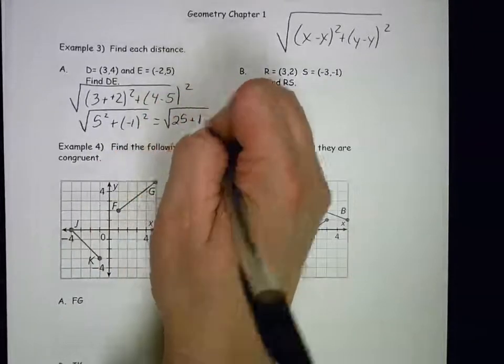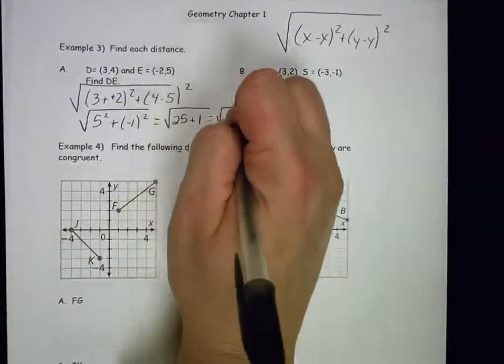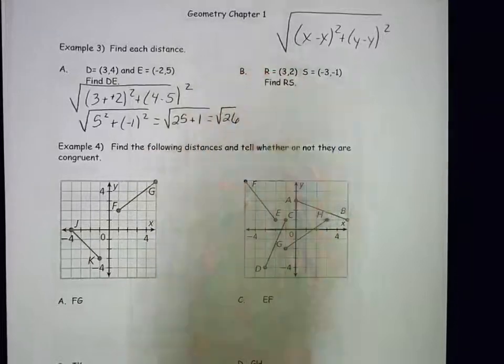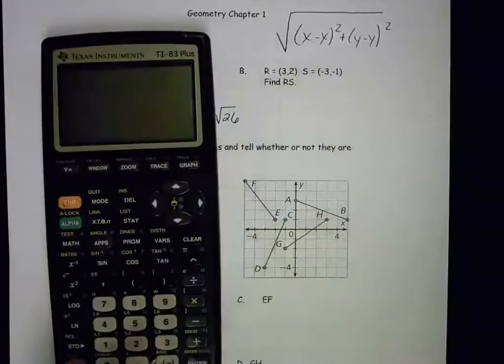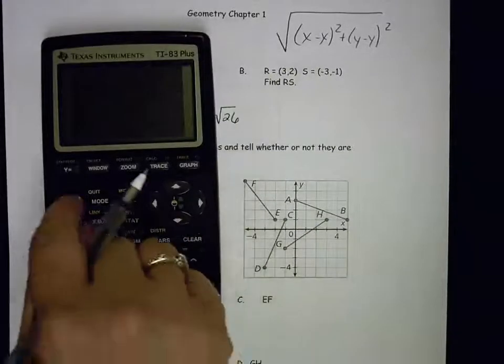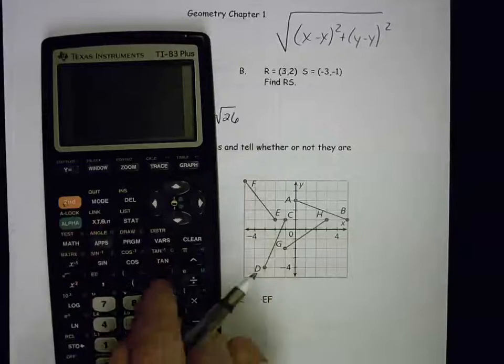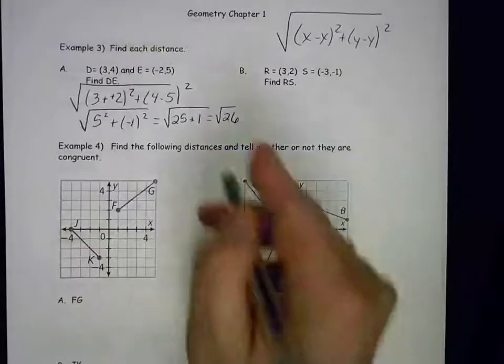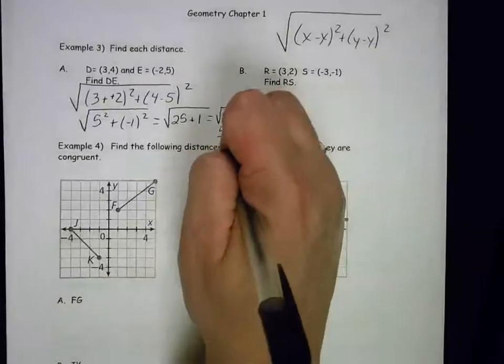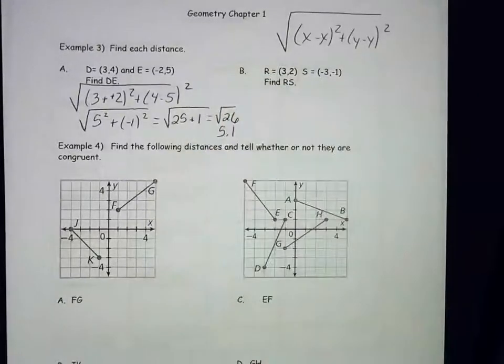Negative 1 squared is 1. So you end up with the square root of 26. And you can leave it that way, or you can do the square root if you would like to. On a graphing calculator, you do second square root and then 26. So you can call that either square root of 26 or 5.1.